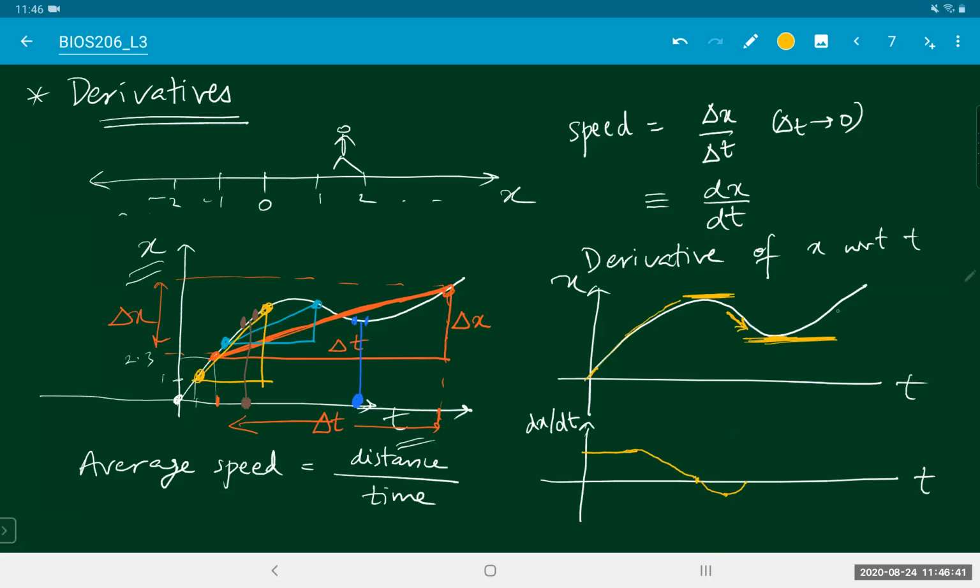And then over here, once again, x is increasing at a constant rate with time. So maybe constant. So the derivative of this function looks something like this. That is what we mean by rate of change. Any questions about what derivative physically means?